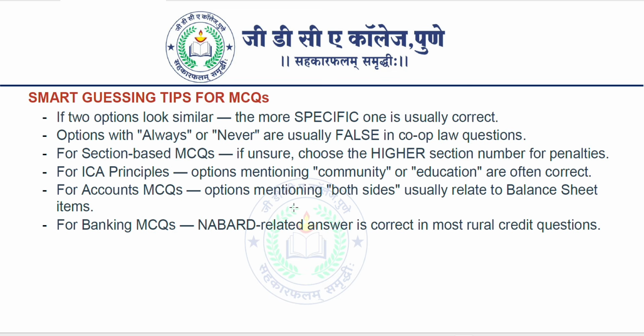For ICA principles, options mentioning community or education are often correct. For accounts MCQs, the option mentioning both sides is usually related to the balance sheet or balance sheet items. For banking MCQs, NABARD-related answers are correct in most rural credit questions.